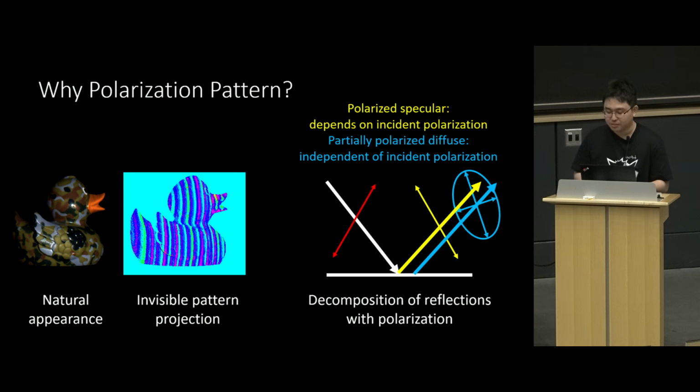Specular polarization depends on incident polarization, while diffuse polarization is independent of it. By projecting different polarization states, we can separate the specular and diffuse reflections. Thanks to these advantages of the polarization pattern, our method achieves single-shot joint sensing without being noticed.